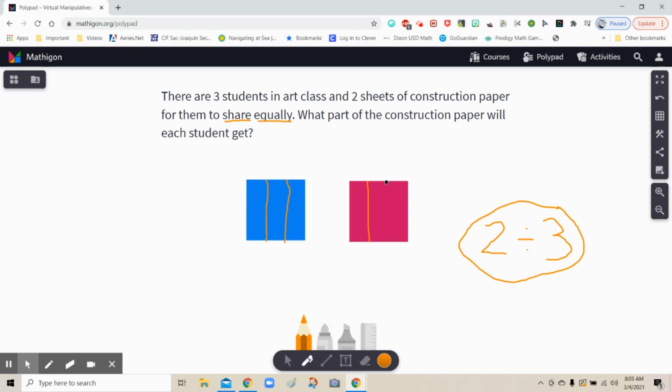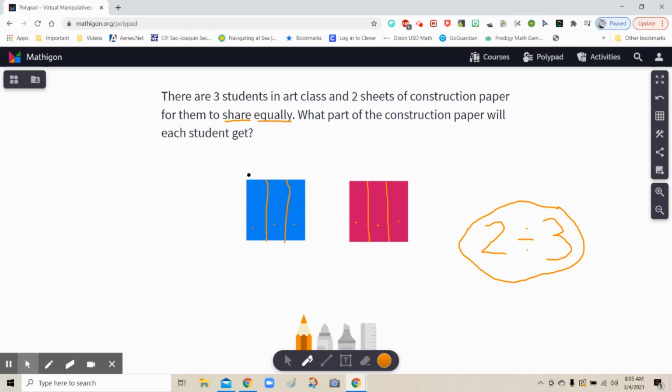That was a pretty good straight line. Okay, so we've divided our 2 sheets of paper into 3 parts. How much does each person get? Each piece is a third. This is a third, that's a third, that's a third, that's a third, that's a third, that's a third.